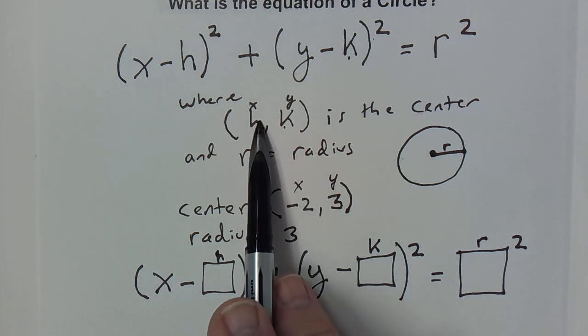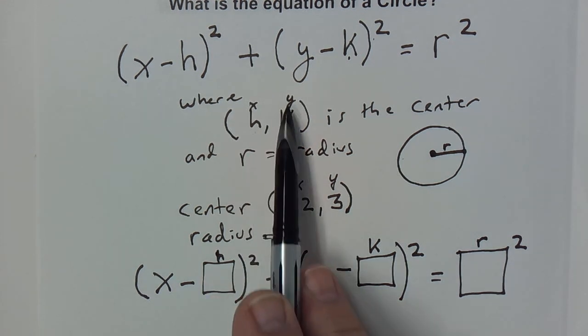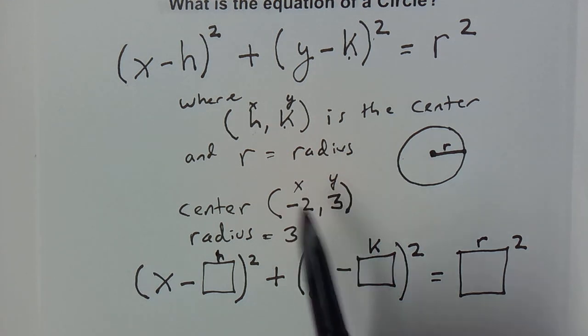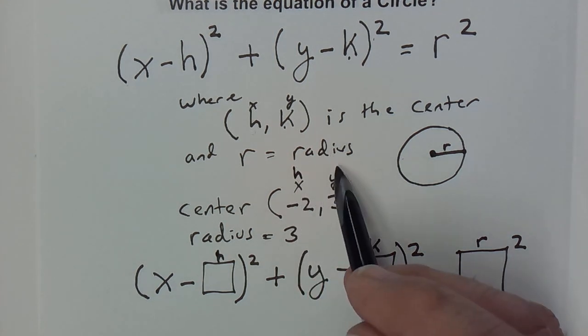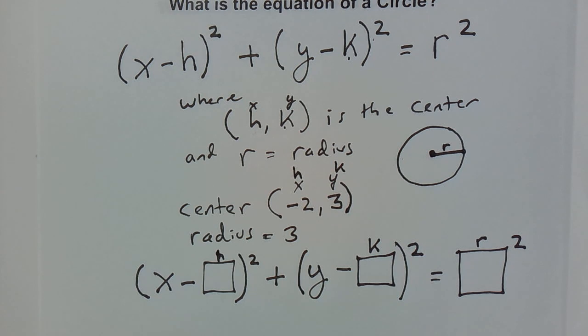Remember, this is the x and that's the y, so this can also be said to be the h and the k.